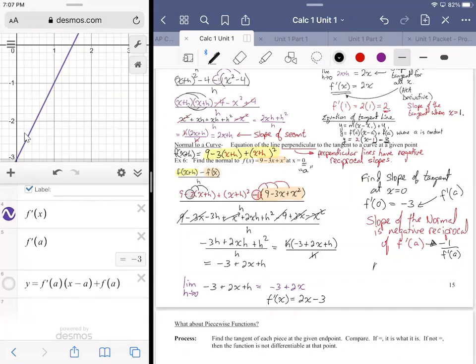So my new slope is going to be -1 over -3, or just 1/3. All right. So it's saying find the normal. The normal is talking about a normal line. So it's calling for the equation of the line. So not just the slope.